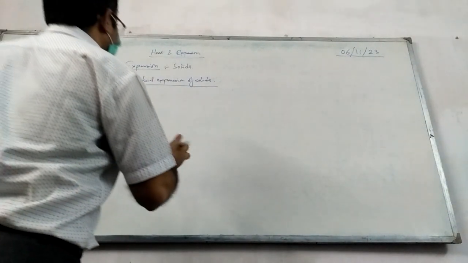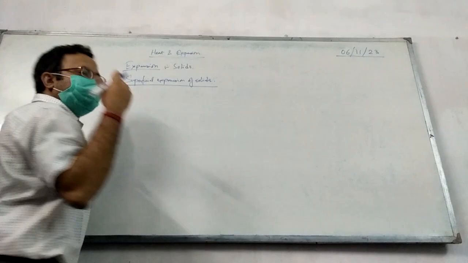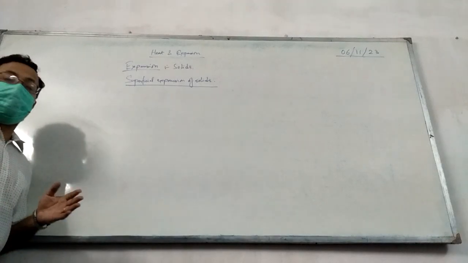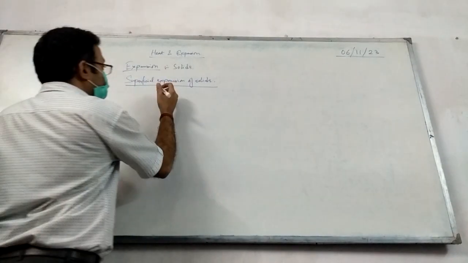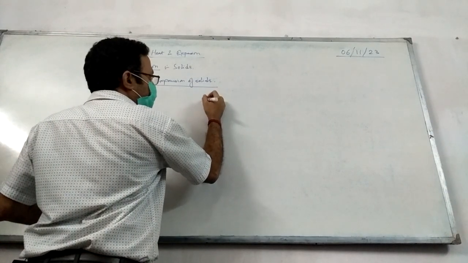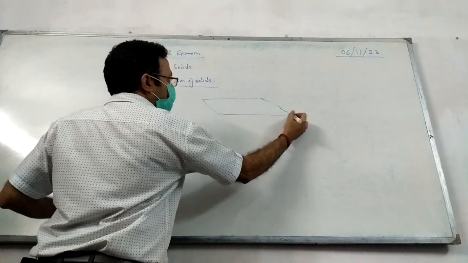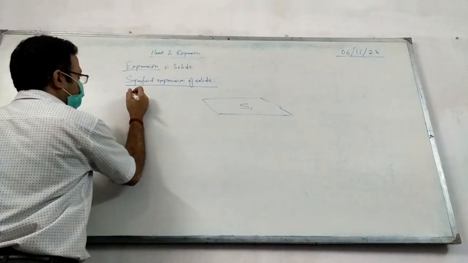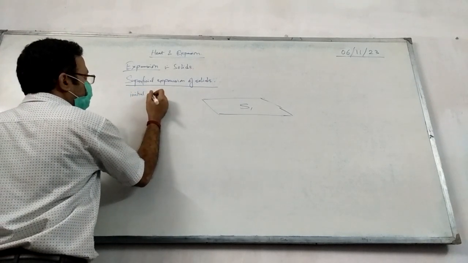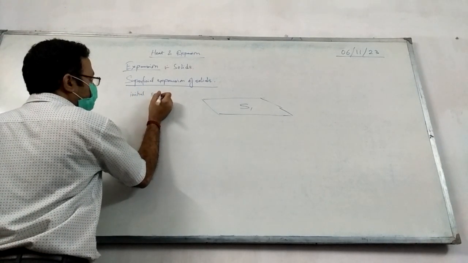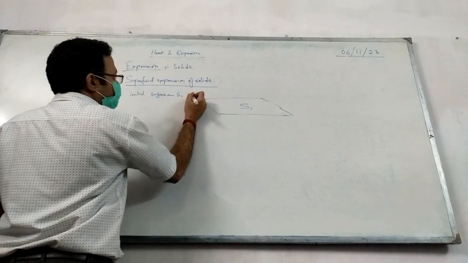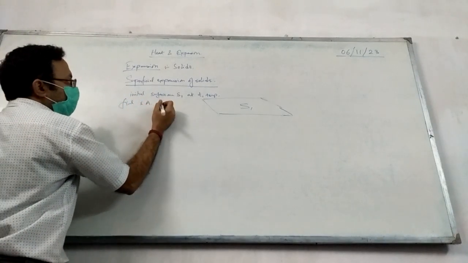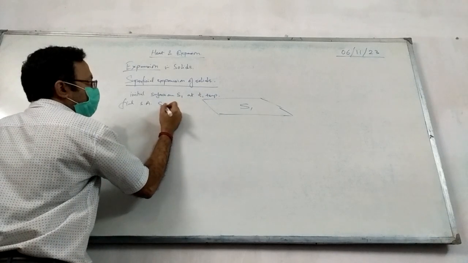The next topic is superficial expansion of solids. Now, superficial expansion of solids is just the same idea: it depends upon the initial surface area and the change in temperature. Say you consider any particular surface having an initial surface area S1 at temperature T1, and final surface area S2 at temperature T2.